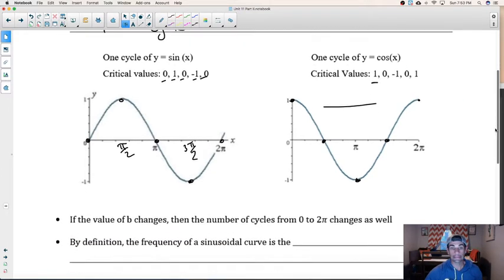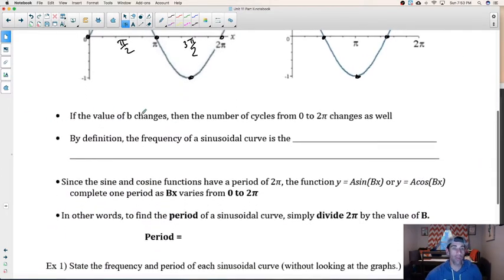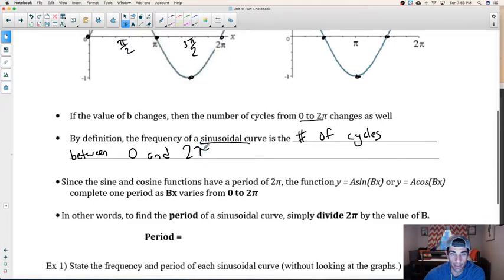So let's keep going. If the value of b changes, then the number of cycles between 0 and 2 pi will change. By definition, the frequency of a sinusoidal curve, remember they're talking about a sine and a cosine, is the number of cycles between 0 and 2 pi.